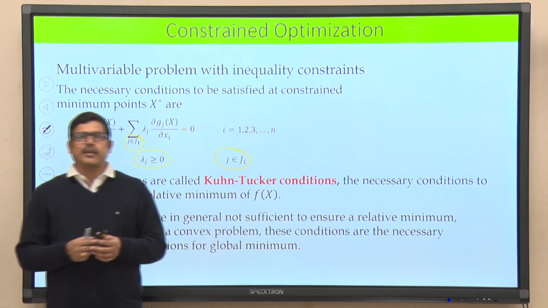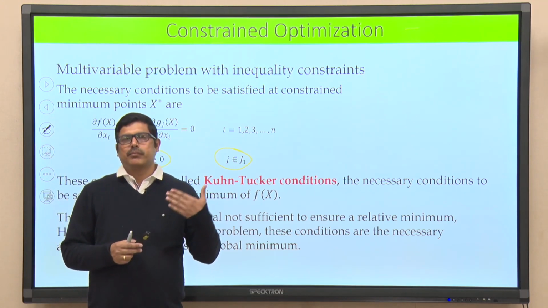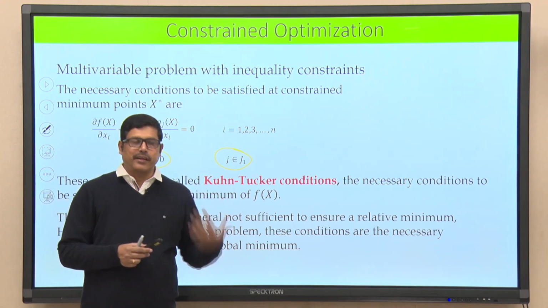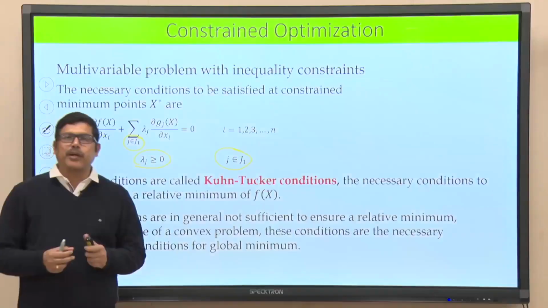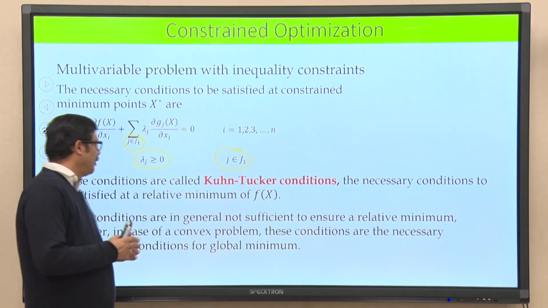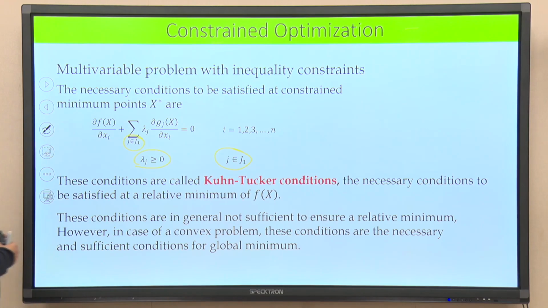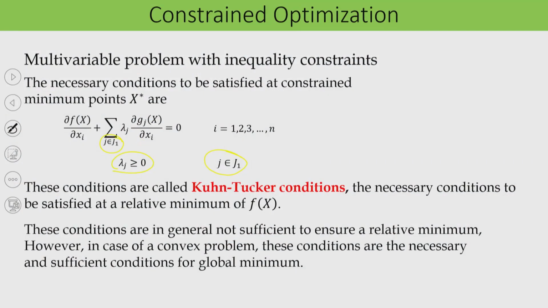They are not sufficient conditions, but they are necessary conditions as I said. However, in case of a convex problem, which we have already discussed, these conditions are necessary and sufficient conditions for a global minima.